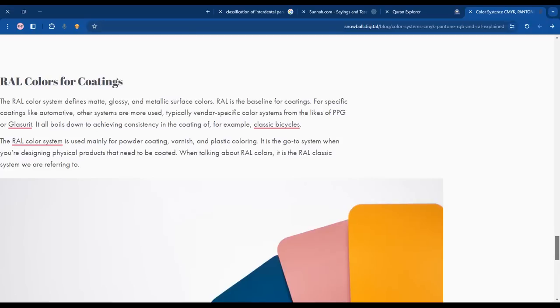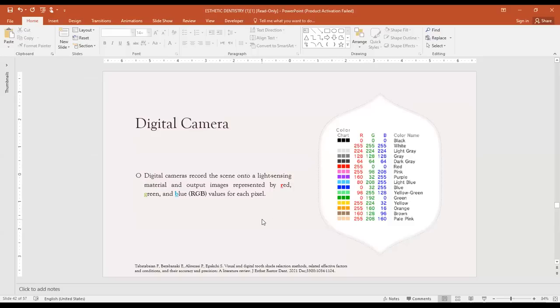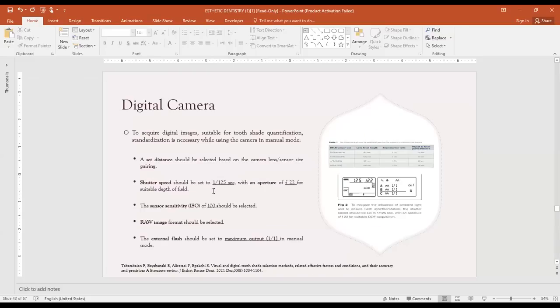And then you have the CIELAB, where you're talking about dental applications. So all of these are important in this slide where you are stating the color system. So talk about other systems, and then choose what is used for digital camera and what is used in the spectrophotometers. Spectrophotometers use a different color system than the digital camera.